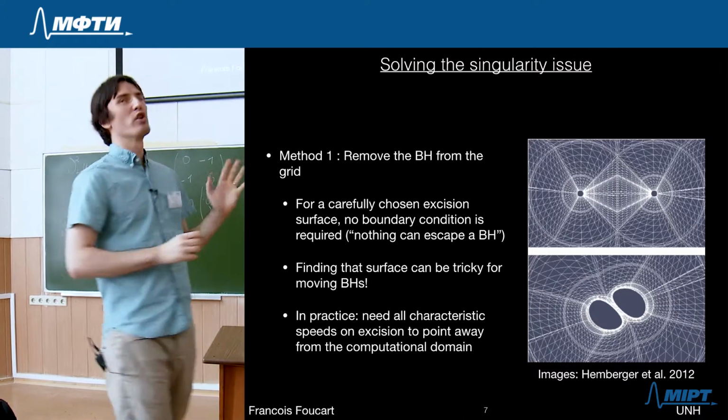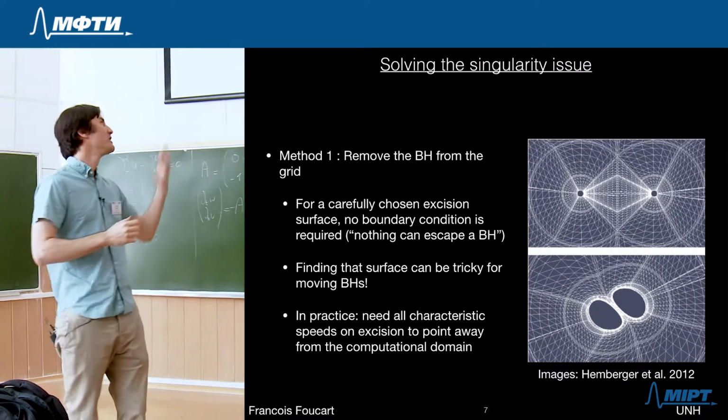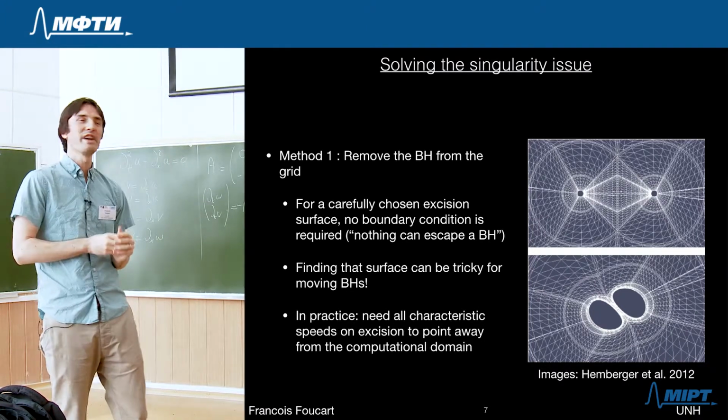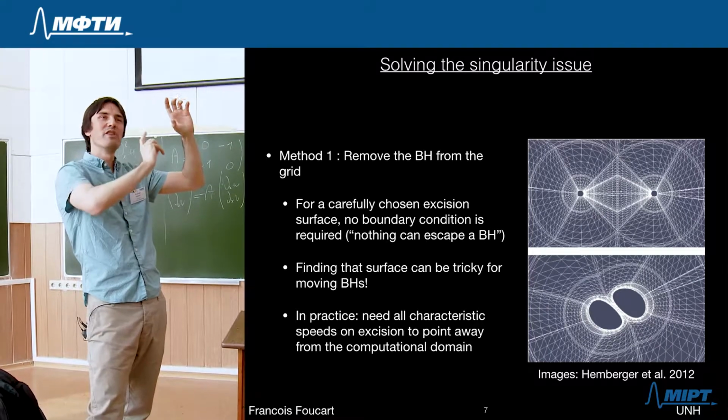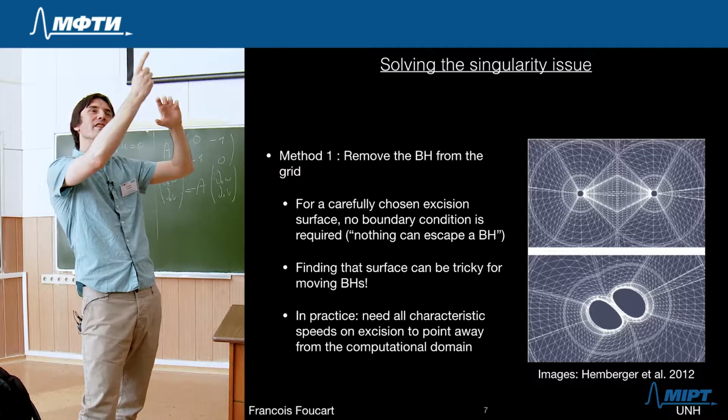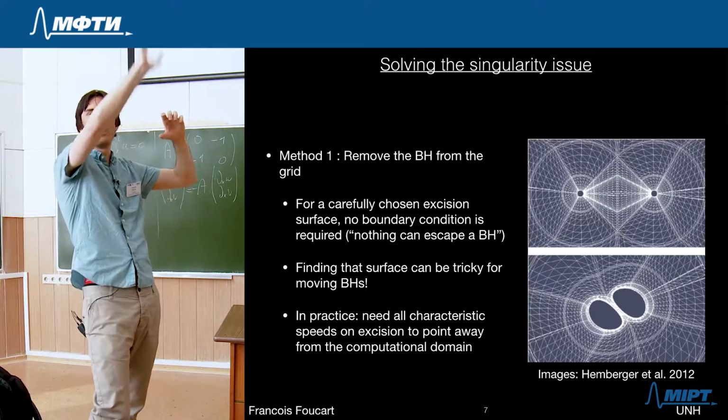In practice, it's a little bit more complicated because the evolution equations actually can become unstable if you choose a surface inside from which information is flowing out and then possibly flowing back in without getting out of the horizon.